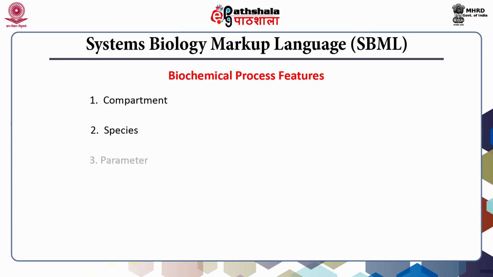The third is the parameter, whether it is the kinetic parameter Vmax or Km or equilibrium constant, etc. Fourth feature is the unit definition for time, quantity and volume. Then the fifth is the rule, which is to be followed during simulation. Then sixth is the reaction, whether reversible or irreversible and following a particular reaction rate law such as simple Michaelis-Menten, allosteric activation or competitive inhibition, etc.